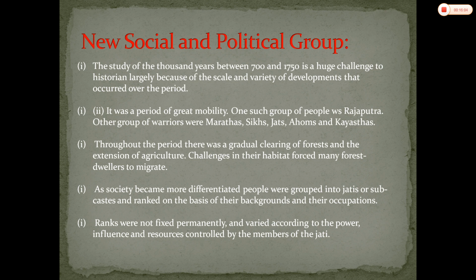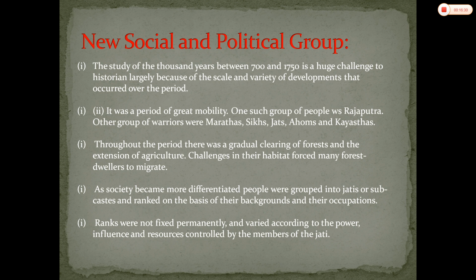As society became more differentiated, people were grouped into jatis or subcastes. You know very well, jatis and caste exist today also. So that was the time when people were grouped into jatis and castes and ranked on the basis of their background and their occupation. Means whatever the work, profession or occupation they were doing, accordingly their rank was decided.